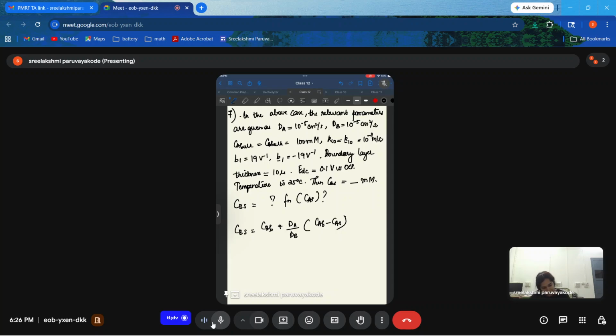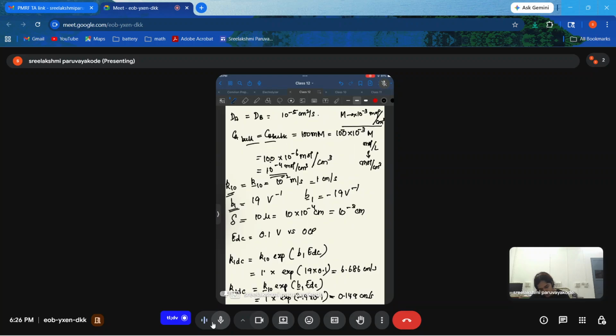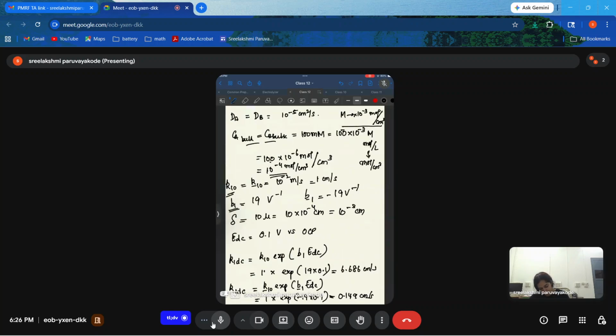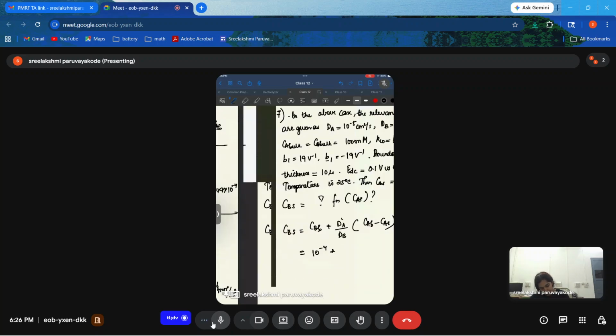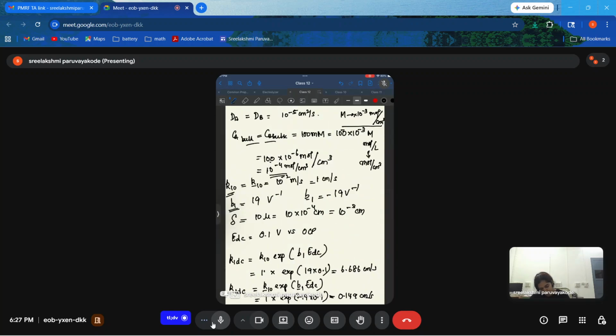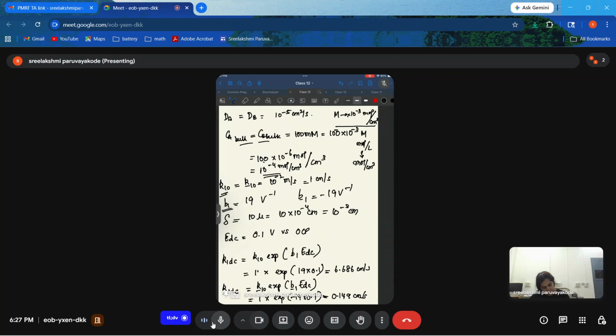So what is CBB value? CAB equal to CBB equal to 10 to the power minus 4 molar. Okay, I'll just write down directly, then it becomes easy. CBB equal to 10 to the power minus 4, dA by dB 10 to the power minus 5. What is CAB? 10 to the power minus 4.